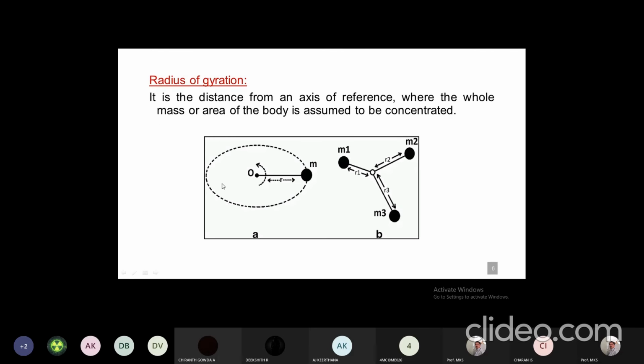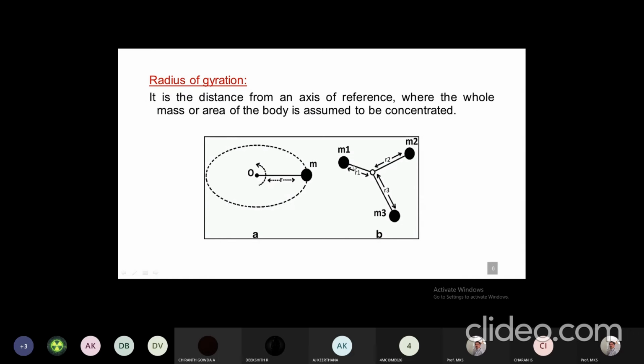The next definition, you just need to know the definition. Next is radius of gyration. When you consider any member, if its mass is concentrated with respect to one particular axis, the whole mass of this member or area of the body is assumed to be concentrated at a single point.